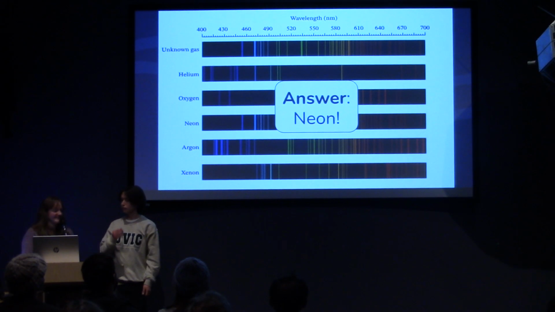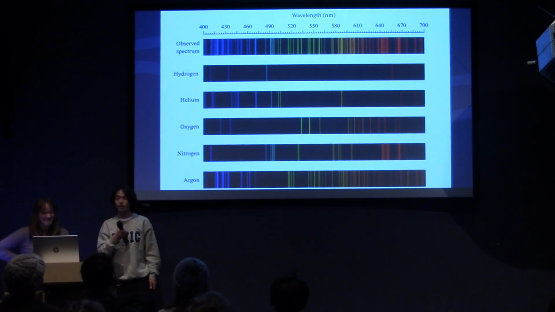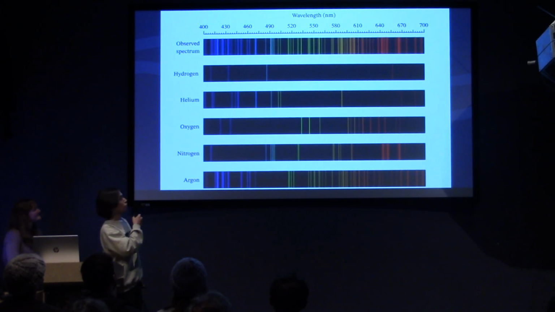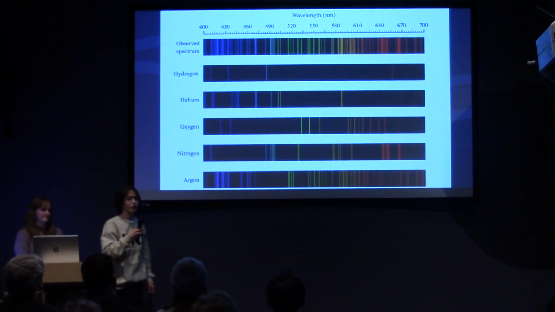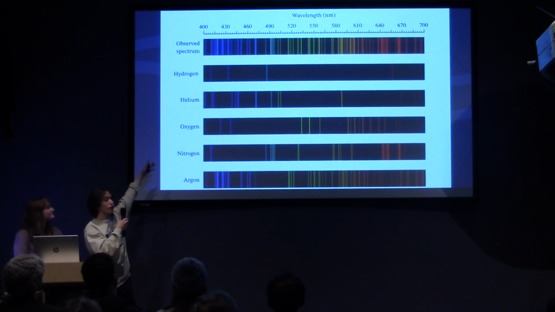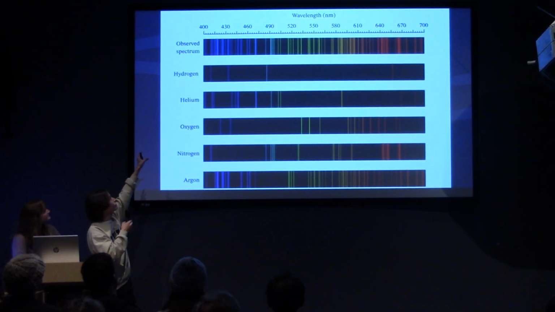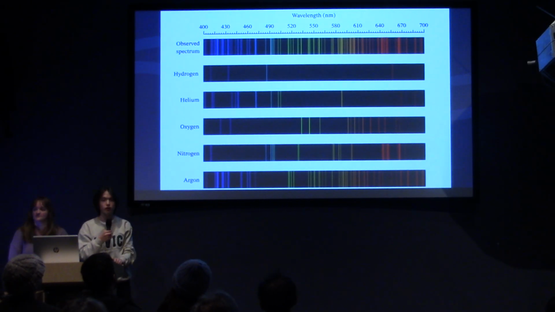We're going to up the ante just a little bit more. This one, as you can tell, is a lot harder. The observed spectrum up here is made up of several different spectra. The last one was neon. Which of these spectra can you see within the observed spectrum?